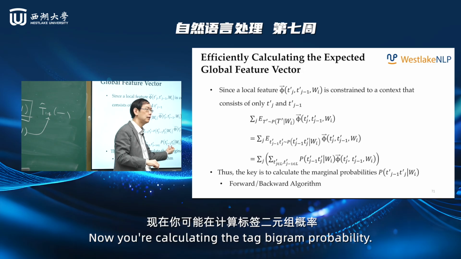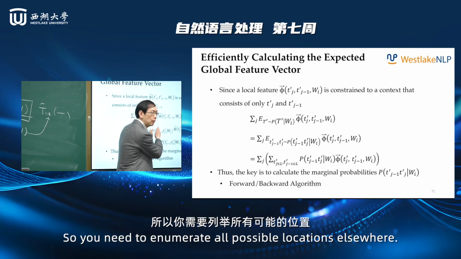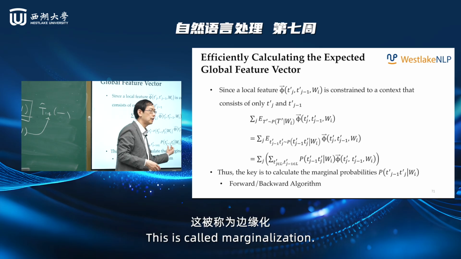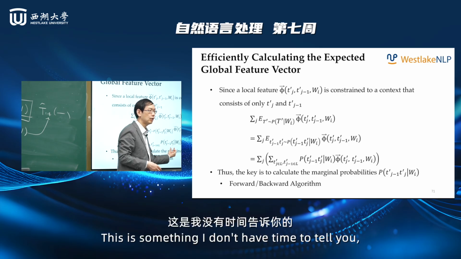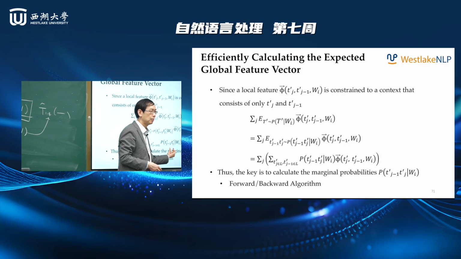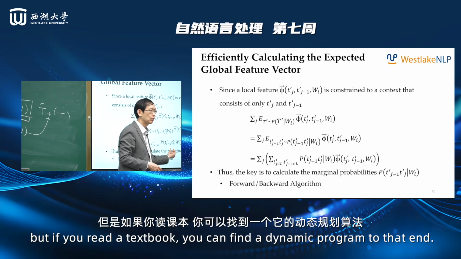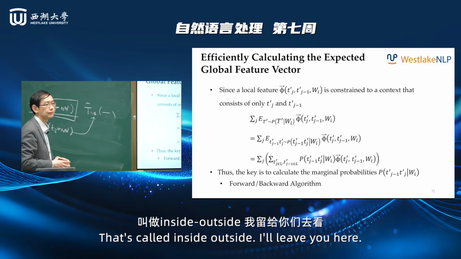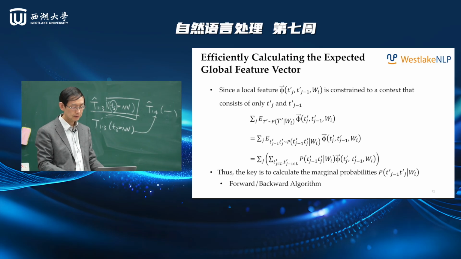Now you're calculating the tag bigram probability. So you need to enumerate all possible locations elsewhere, right? And sum up the tag sequence probabilities. This is called marginalization. This is something I don't have time to tell you. But if you read the textbook, you can find a dynamic program to that end. Okay? That's called inside-outside. I'll leave you here.